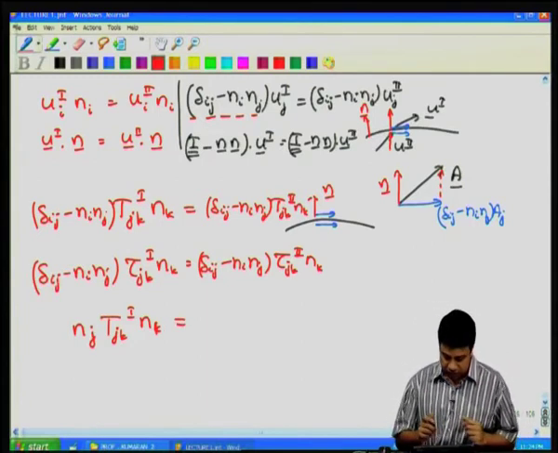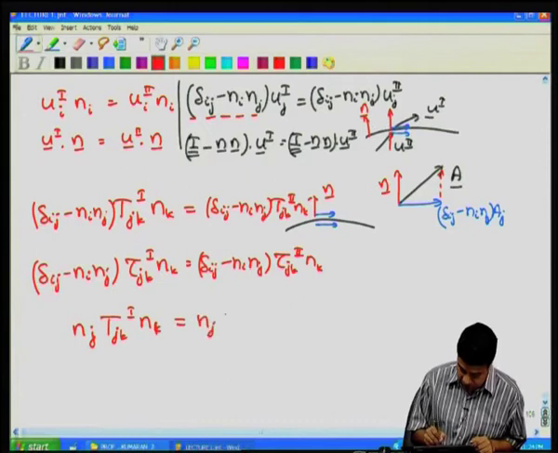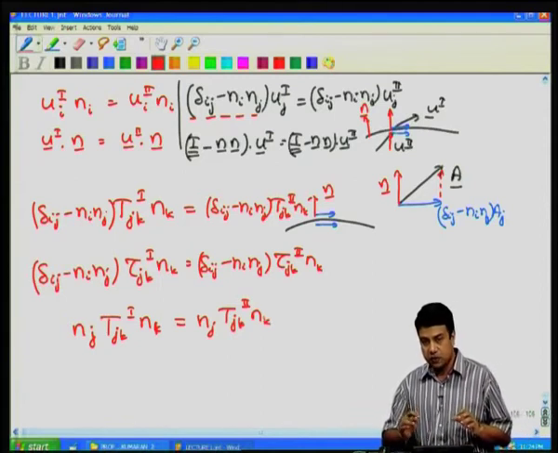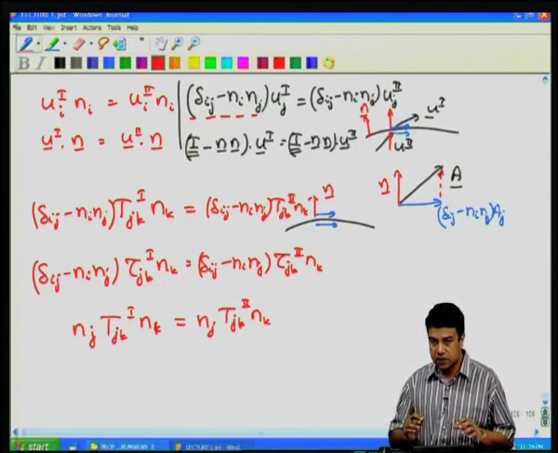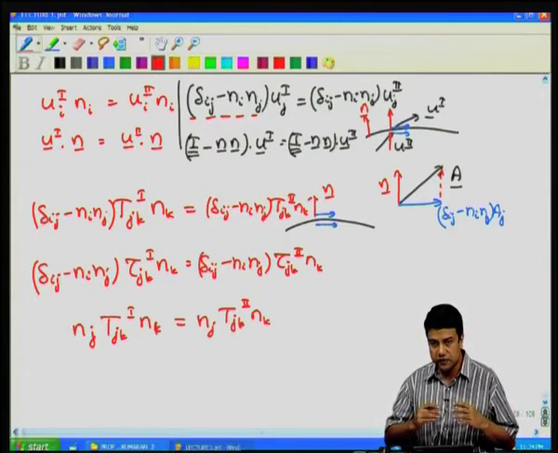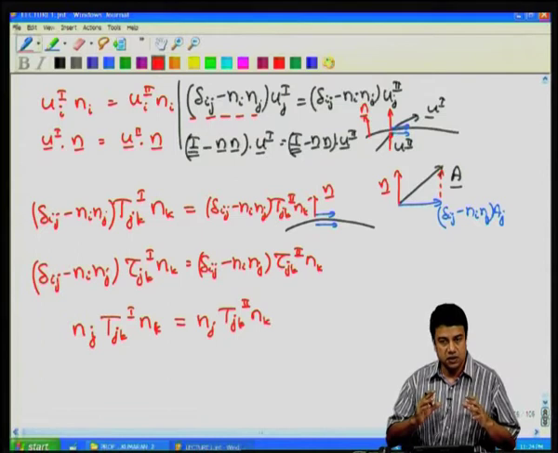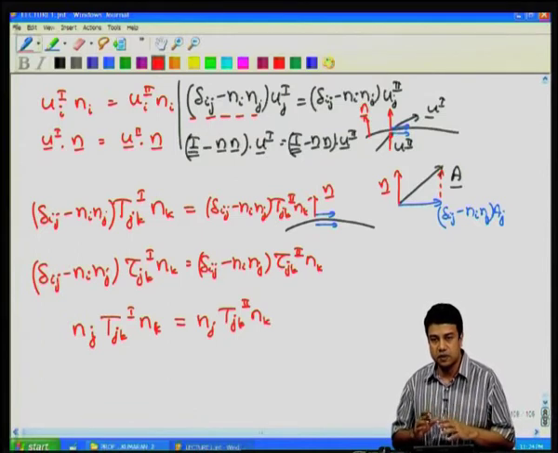This on the other side, it is n_j T_jk^2 n_k. However, the two need not be equal, because the interface itself can exert a surface tension, force per unit area, due to the curvature of the surface. That surface tension force also has to be incorporated here.